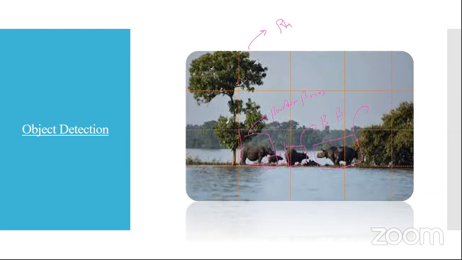If you guys remember, the model which we have developed is for 28 cross 28 cross 1, right? So what we can do is divide this entire image into multiple grids, right? Like this is 1st, 2nd, 3rd, 4th, 5th grid, 6th, 7th, 8th, 9th, and 10th, 11th, 12th.